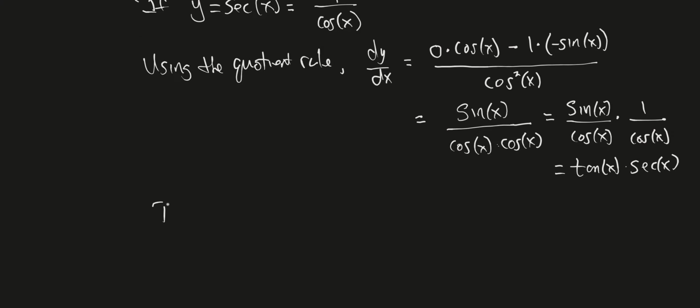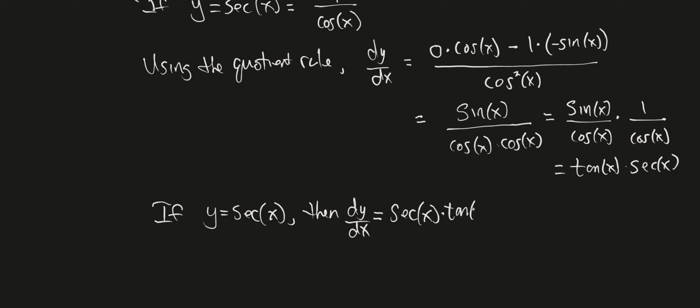So in summary, if we have our secant function, then its derivative dy dx is secant x times tangent x, right?